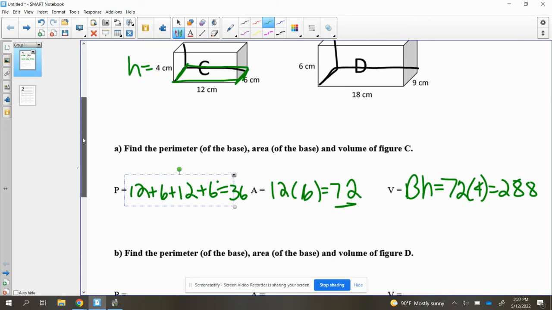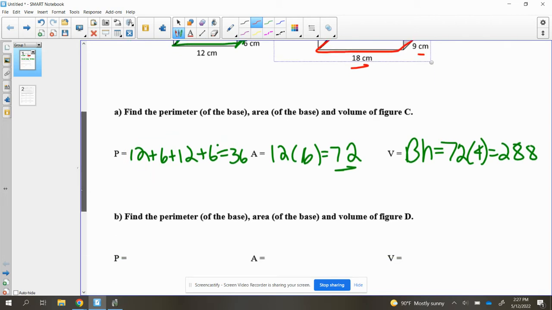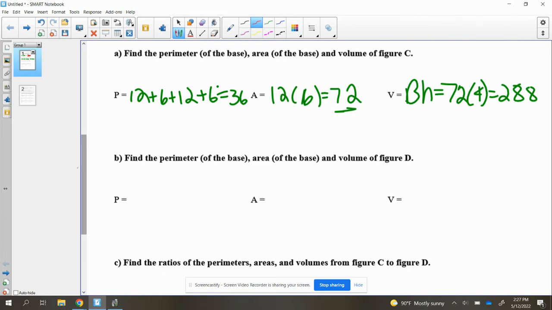Now we want to do the same thing for rectangle D as well. So rectangle D has a base whose side lengths are 18 and 9. Overall height of the prism was 6. So same idea. When we're looking for the perimeter of the base, we're going to add up 18 plus 9 plus 18 plus 9, all four sides, for a total of 54.